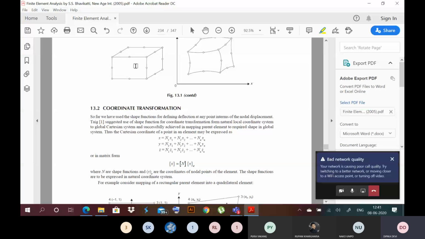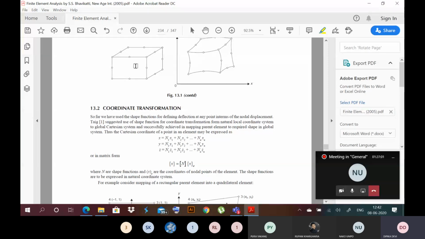And if we use a larger number of shape functions, that means more nodes to describe the variation of coordinates within an element, it is called superparametric. In most finite element formulations, the number of shape functions used to describe the coordinates within an element in terms of nodal coordinates is the same as the number of shape functions used for displacement variation.